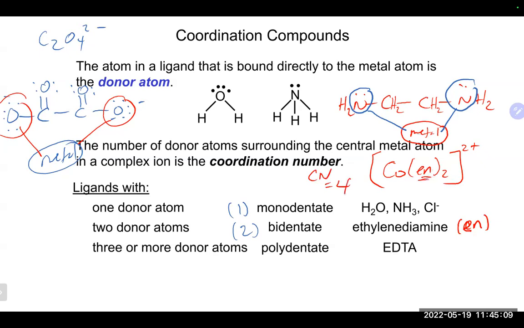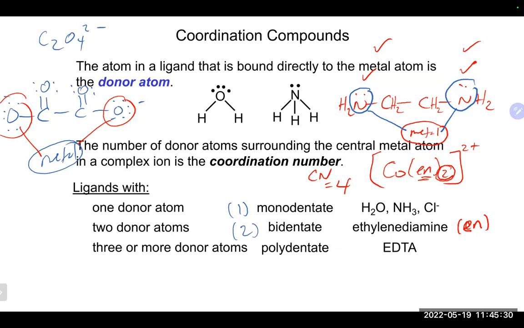Each of these EN molecules could attach in 2 places, and there's 2 of them, which means we have basically 4 attachments that are happening here. So this is what I was saying earlier. It's not always this number here that is the coordination number. It is if it's a monodentate ligand, but if it's a bidentate, then obviously you need to adjust it based on how many are binding there.